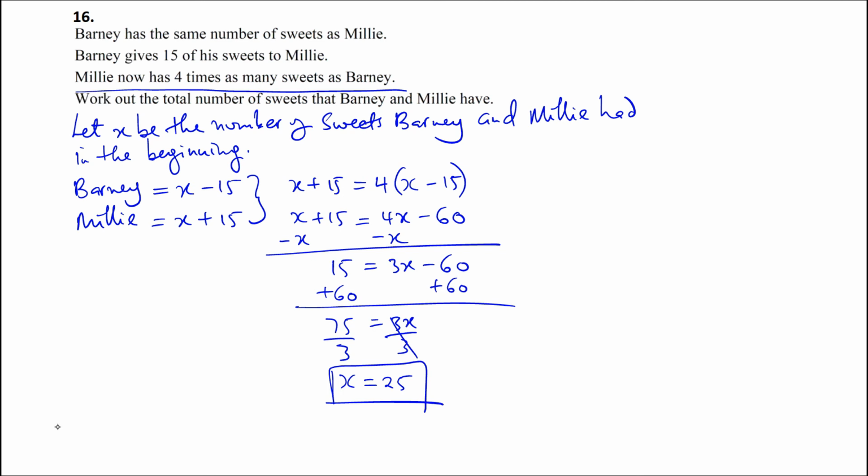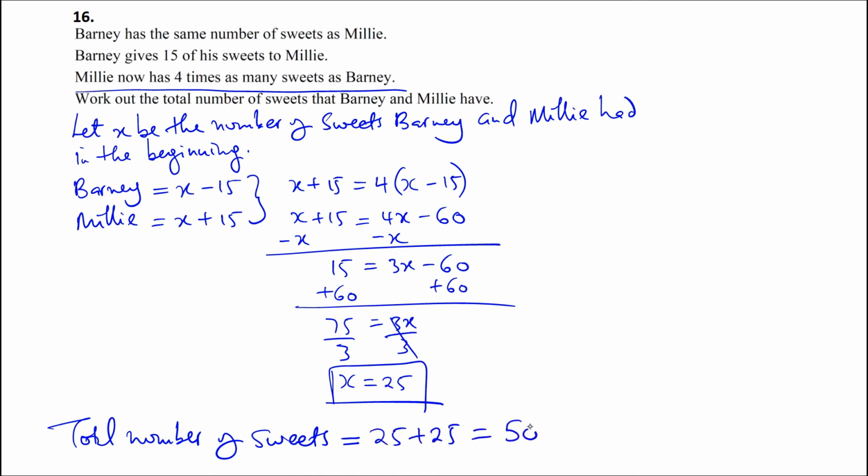So the total number of sweets will be equal to, because each person had x number of sweets initially, Barney had x, which is 25. Millie had x, which is 25. So that will be 25 plus 25, which is 50 sweets.